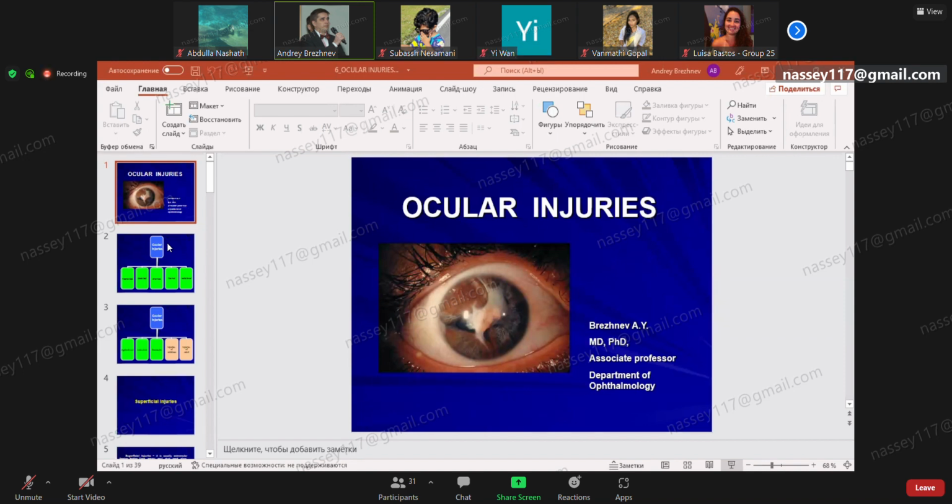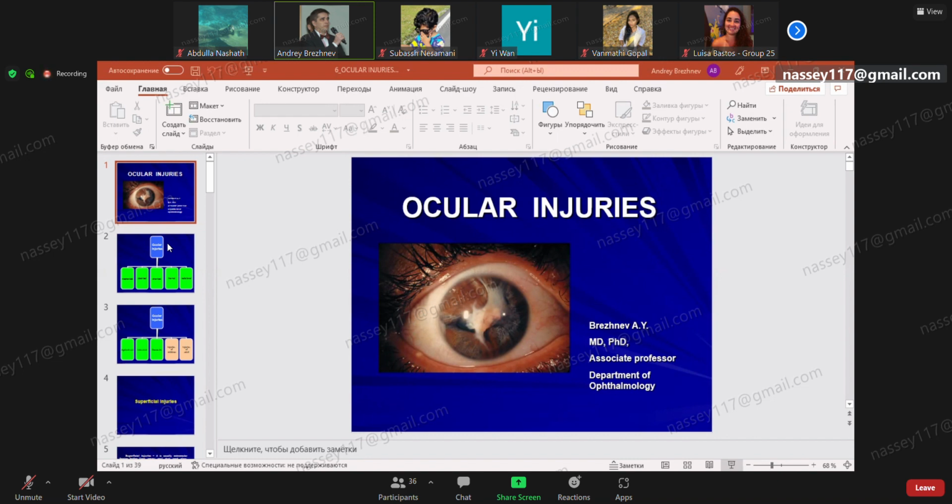And of course, it's very important to know about the traumas and the principles of their diagnosis and treatment, because most of such patients need emergency aid, and all specialists should be ready to help these patients with immediate help, and then make a decision about the next steps of medical treatment and line of management of these persons.